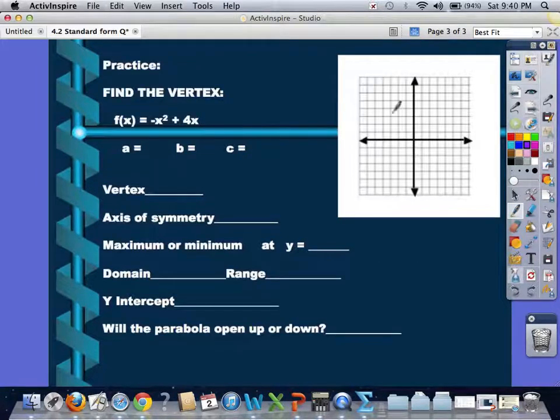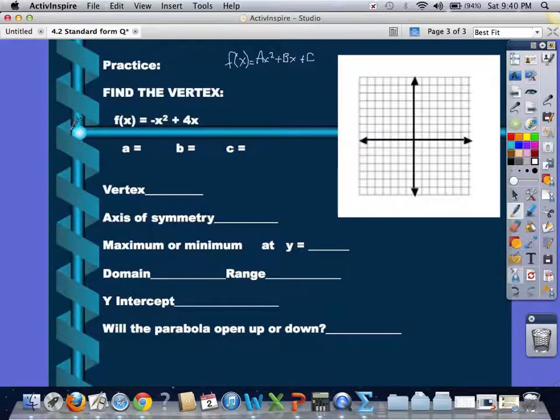All right, so the first one says find the vertex. That's the easiest way to start. So you're going to want to separate these into a, b, and c. Remember, our quadratic formula is f of x equal to ax squared plus bx plus c.